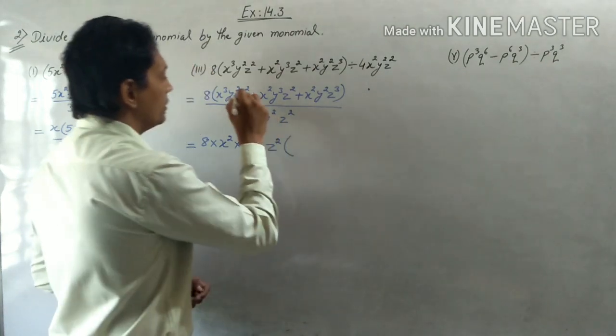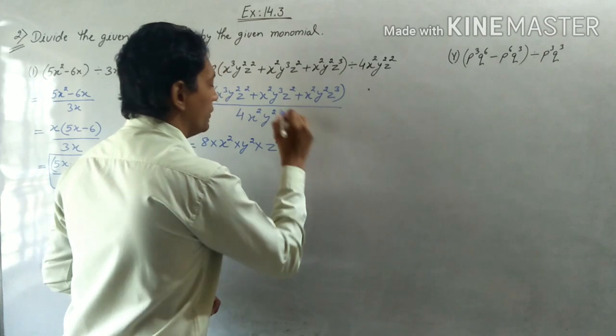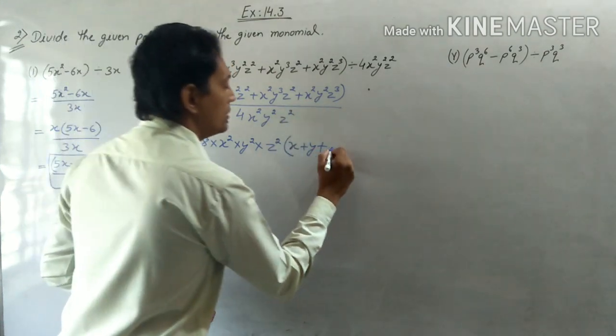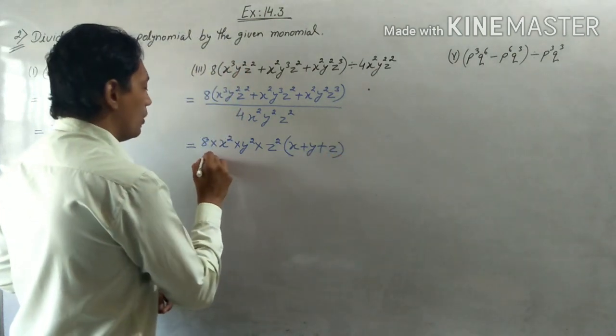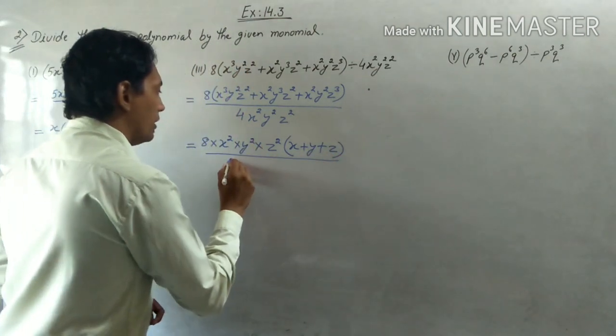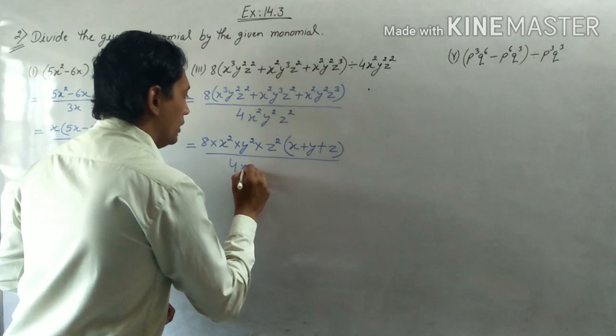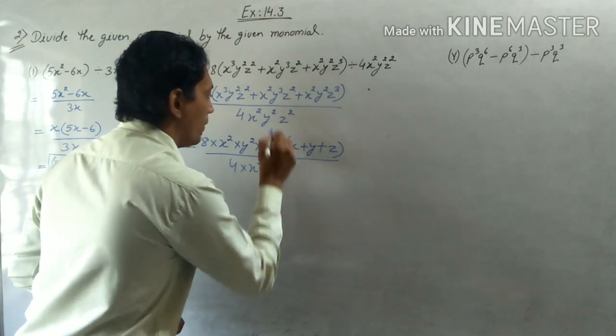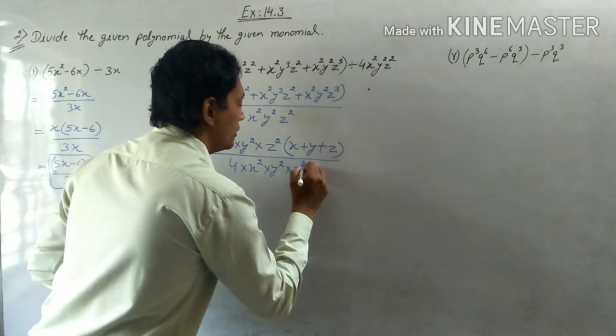And the rest of the thing, that is x, is remaining in the first term, in the second term it is y, and in the third term we have z. Okay, whole thing divided by 4 into x squared into y squared into z squared.